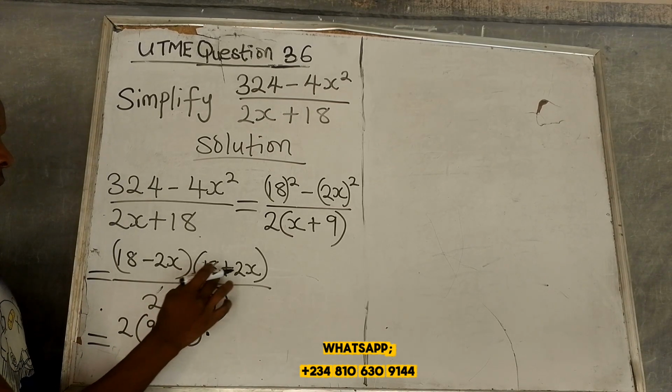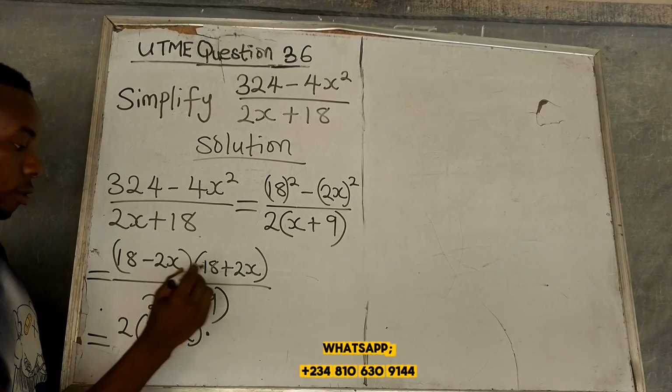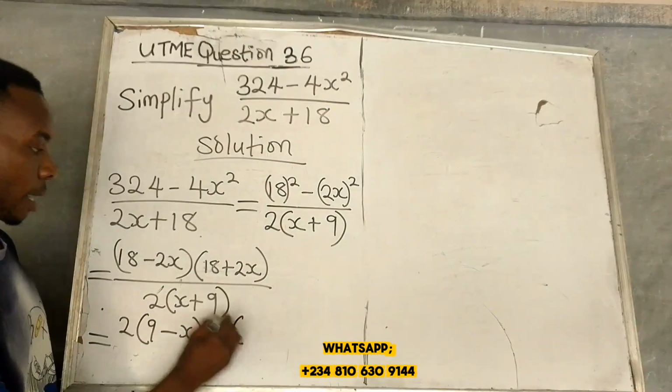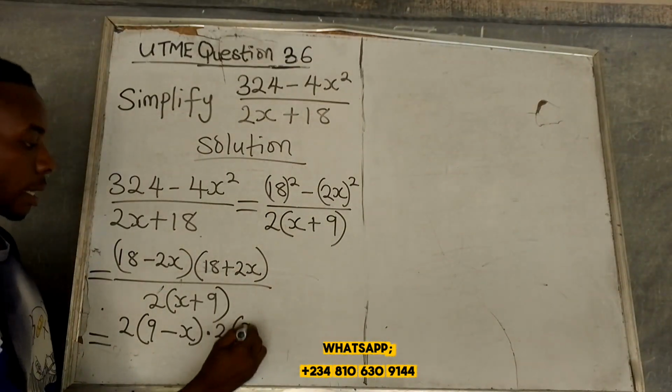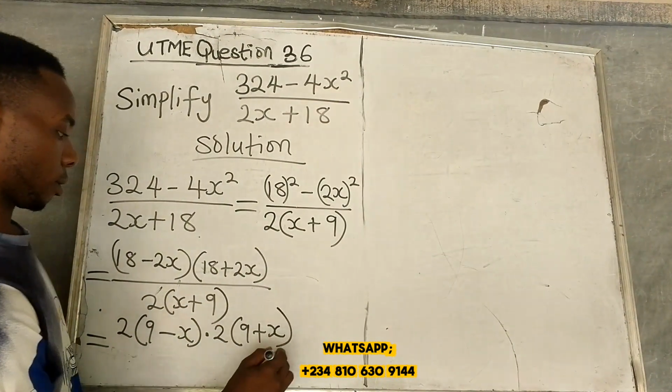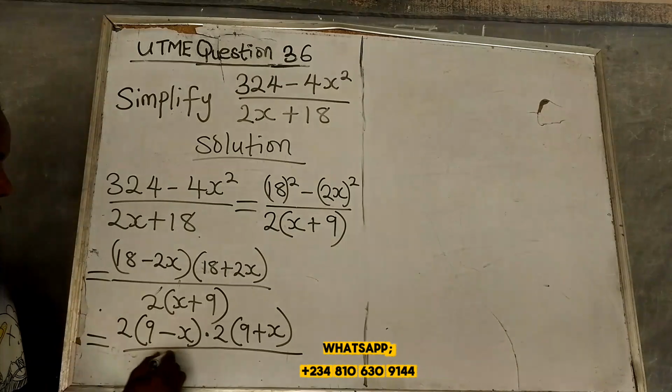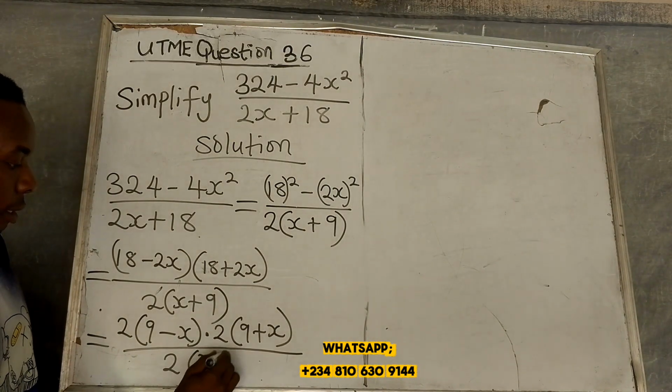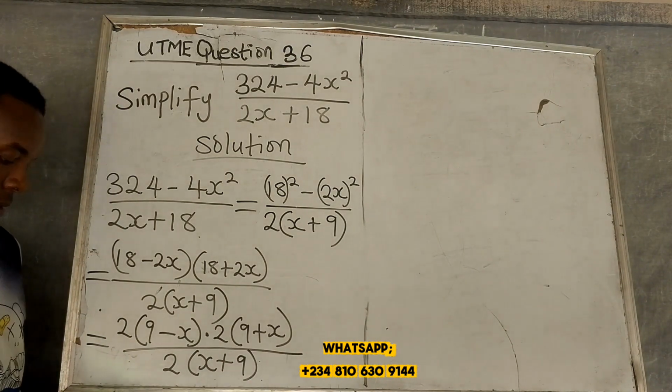Multiply by, what's the common factor here? It is 2. So write 2(9 plus x), since 18 divided by 2 is 9 and 2x divided by 2 is x. So you divide it by 2(x plus 9).